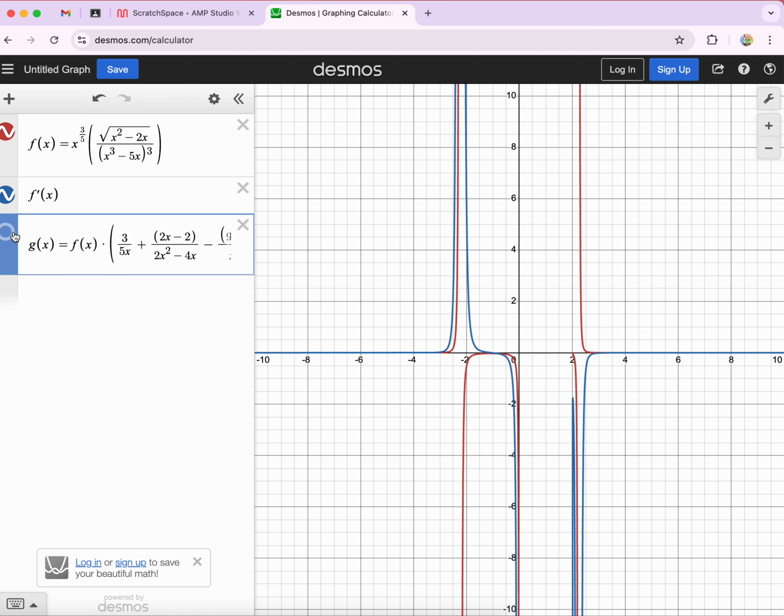Wowie, wow, we did it. It's kind of mind-blowing to think we were able to just find the derivative of this function using this. I mean, pat yourself on the back if you made it this far.